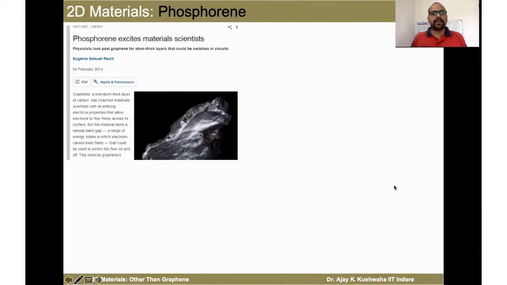If we talk about phosphorene, this material attracted a lot of attention in 2014 and 15, even in technical news, such as you can see here: "Phosphorene excites material scientists, physicists look past graphene for atom-thick layer that could be switches in circuit."